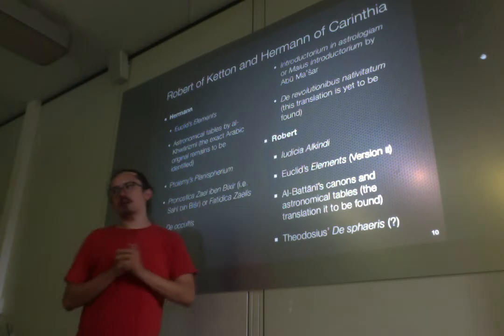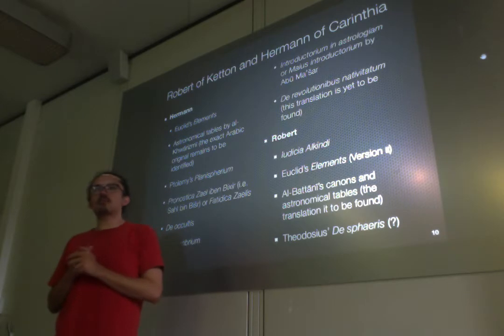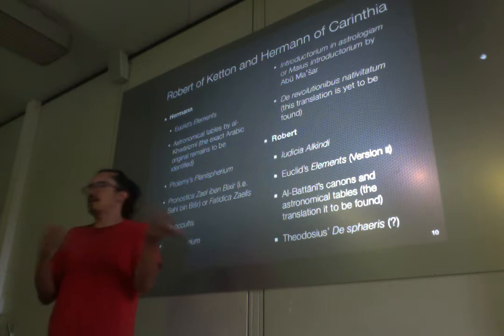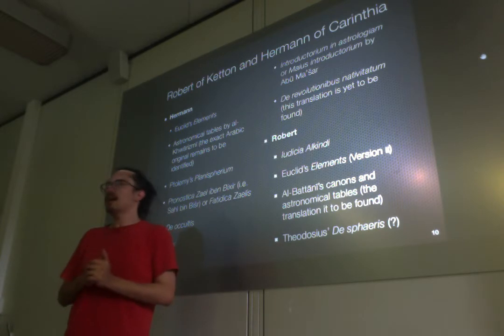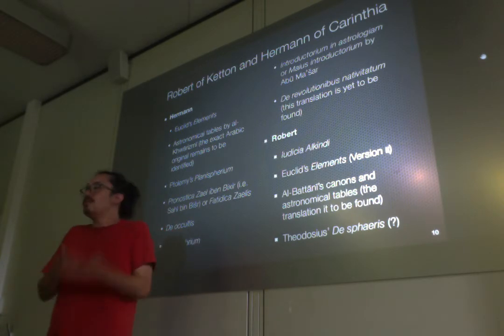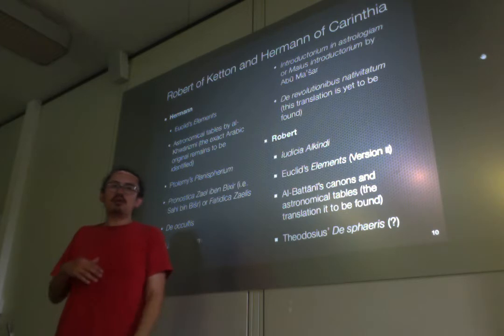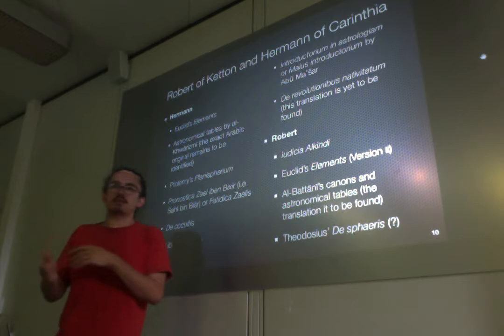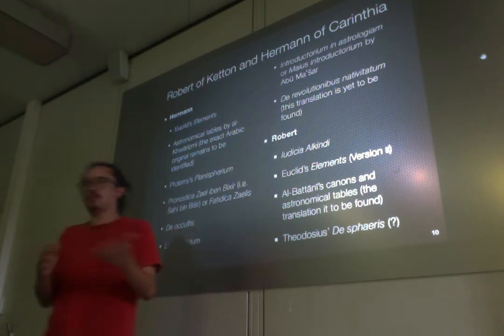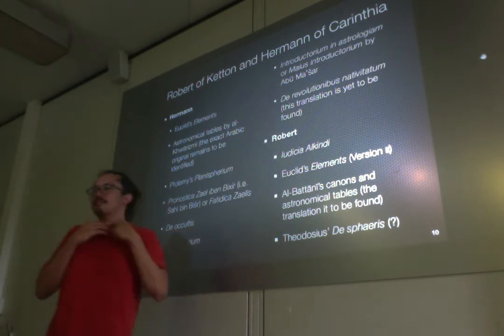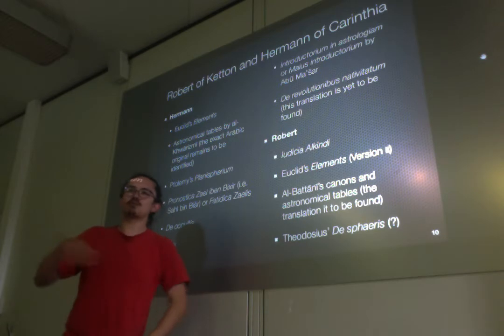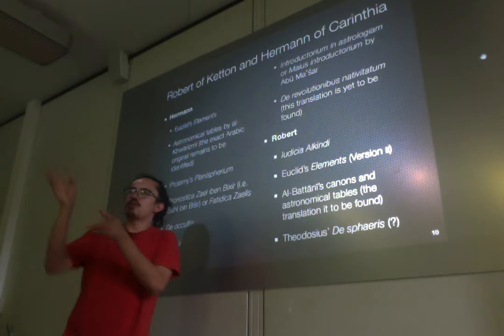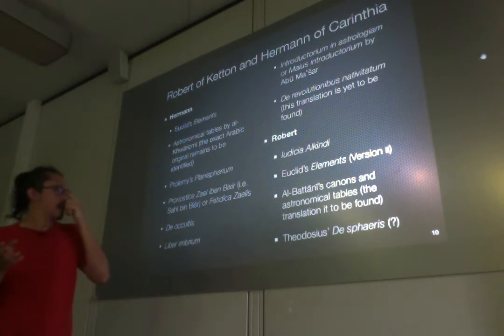Robert seems to have been somehow a teacher of some kind to Herman, or he seems to have been older, probably, or perhaps more expert on Arabic matters, because Herman continuously refers to Robert as an authority figure, so to speak.